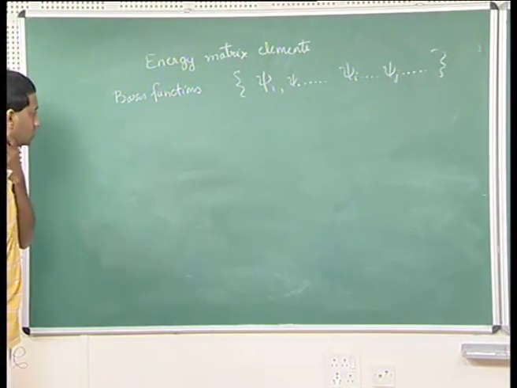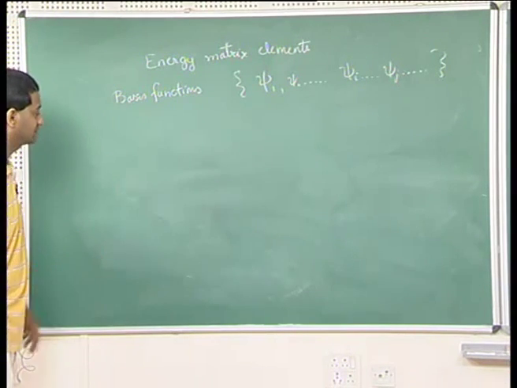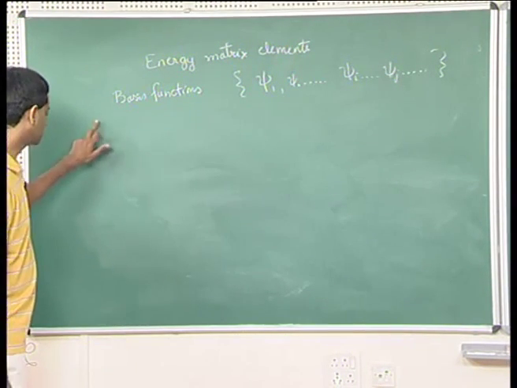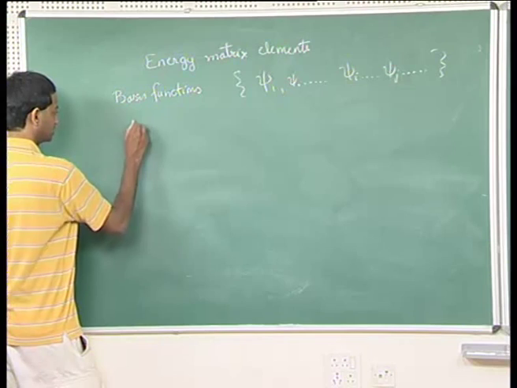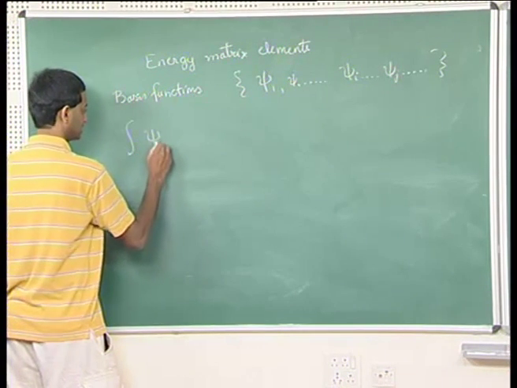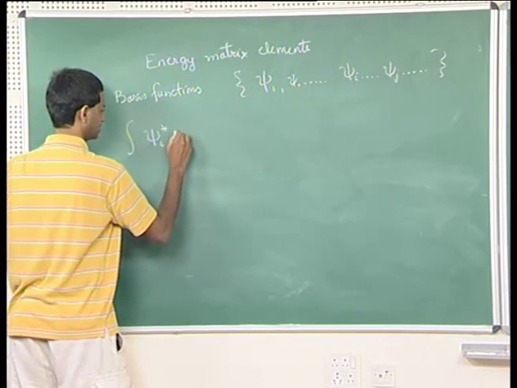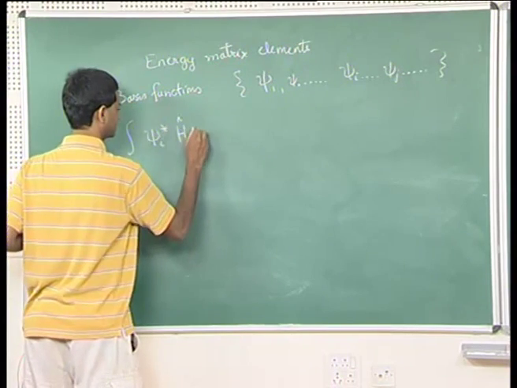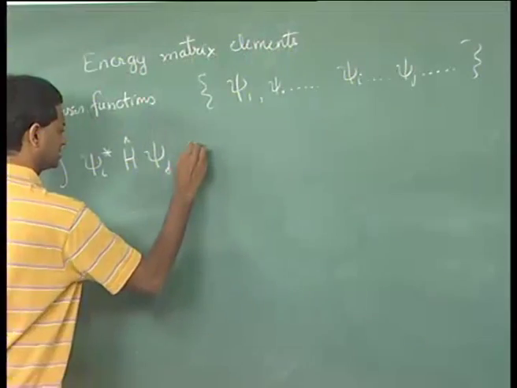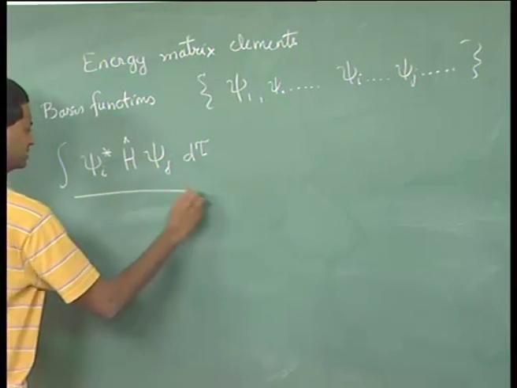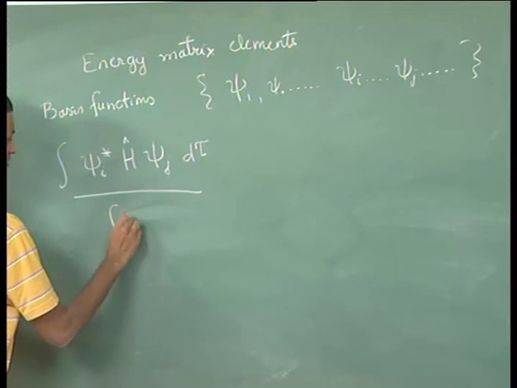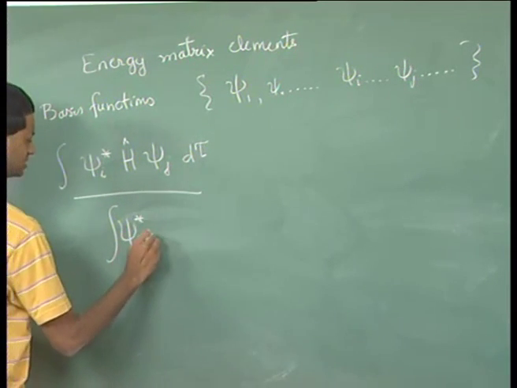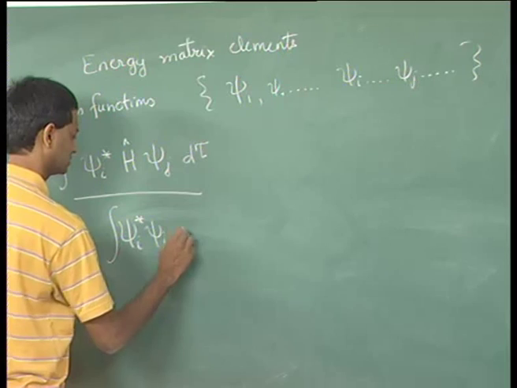Now what do we mean by energy matrix elements? You consider integrals of the form integral psi i star Hamiltonian operator psi j d tau divided by integral psi i star psi j d tau.